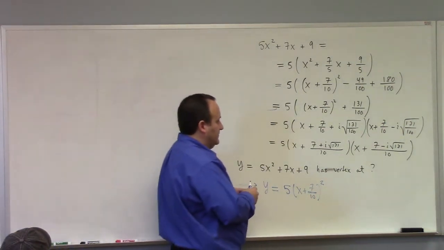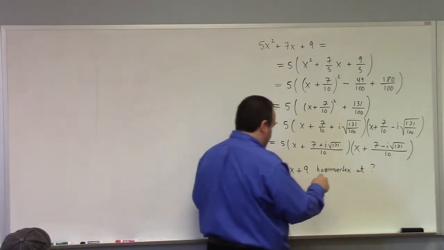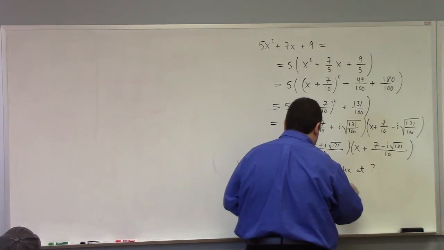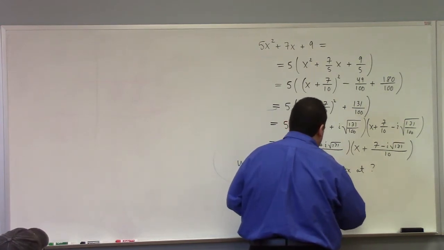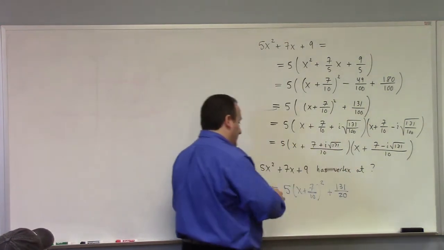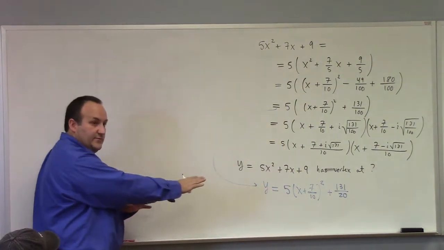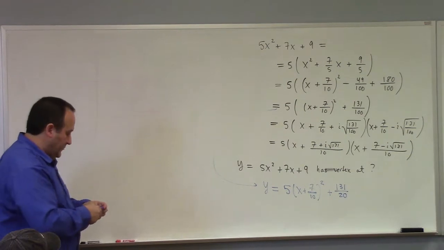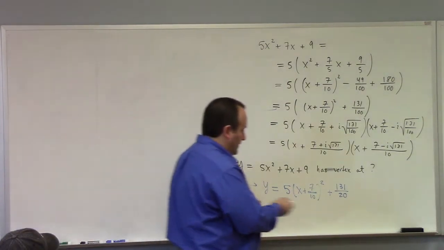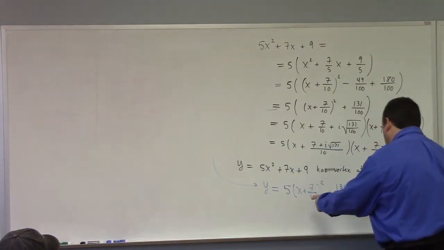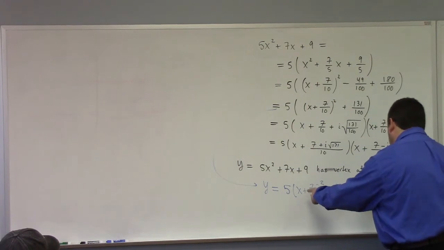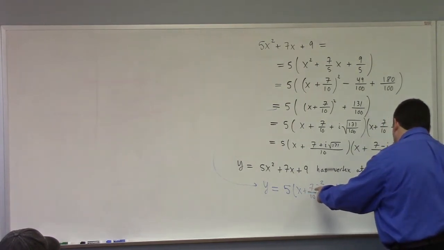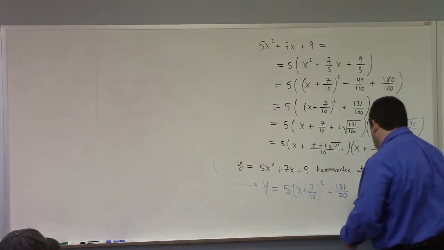I think 20, right? So we got plus 131 over 20. And if you look at that, we can see the vertex from that formula. That's the vertex form of the parabola. What is it then? So the vertex is at minus 7 over 10, comma 131 over 20. So there you go, that's the vertex.